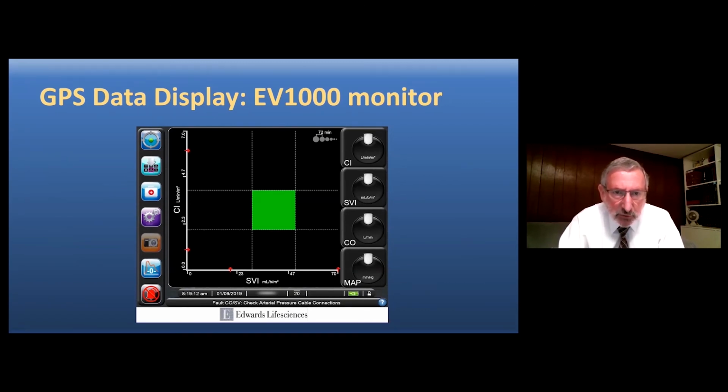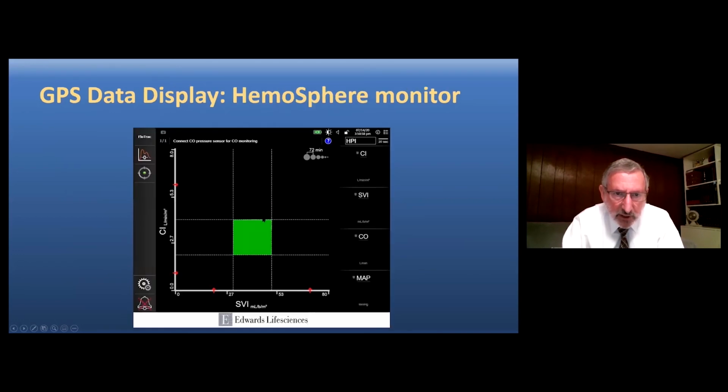It's CI on the vertical axis and SVI on the horizontal axis. You just have to move to the screen from your trend, and you're able to get the screen with no problem. On a hemisphere, same screen, same concept, green box, good CI, good SVI.